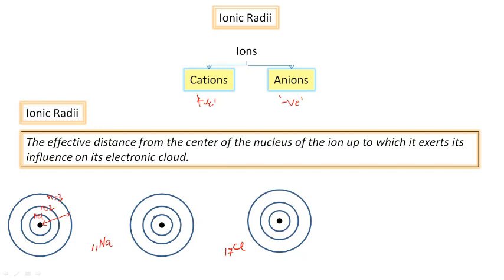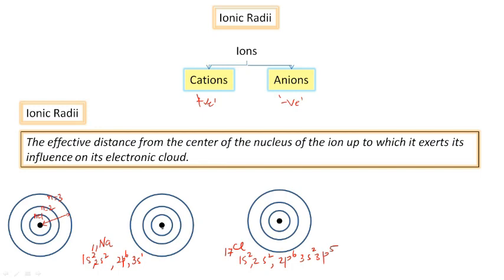According to the atomic number, sodium has the electronic configuration 1s2, 2s2, 2p6, 3s1. However, chlorine has the electronic configuration 1s2, 2s2, 2p6, 3s2, 3p5.